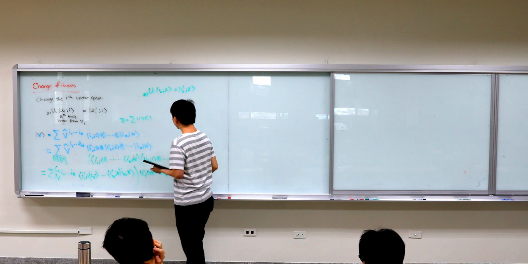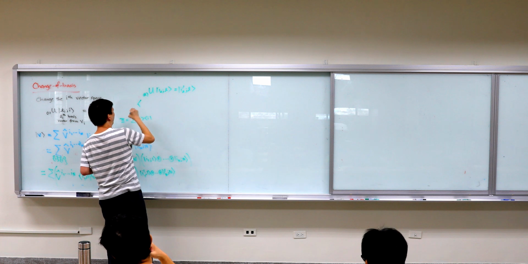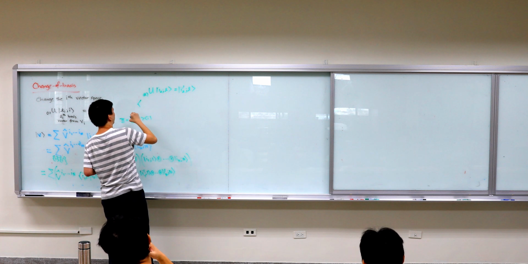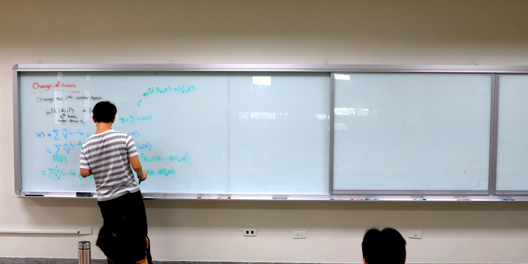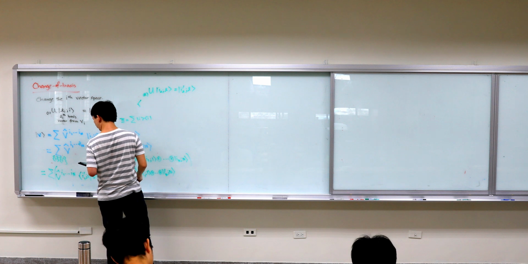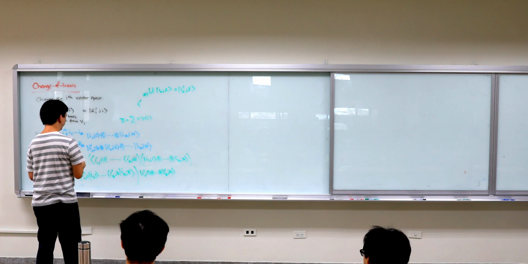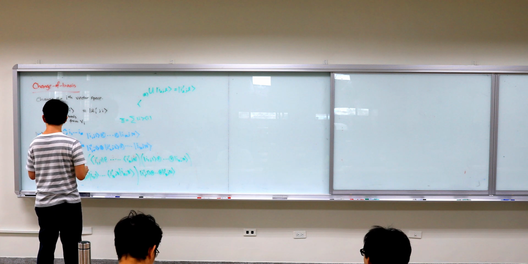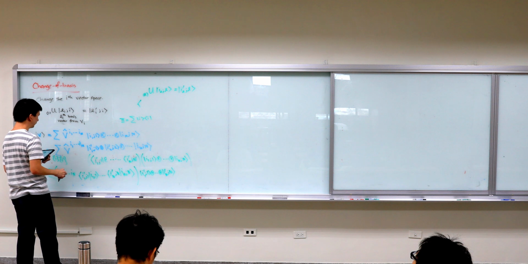So if I take the matrix element in the old basis, I think I screwed up somewhere. I shouldn't call them the same symbol because it's very confusing.